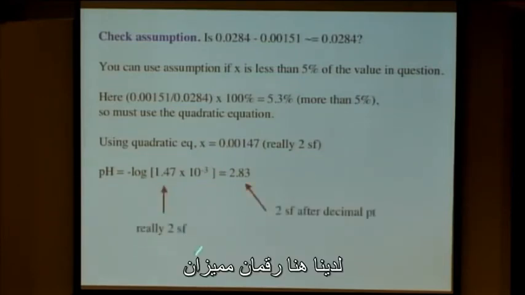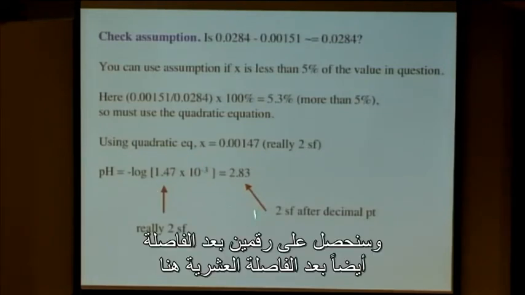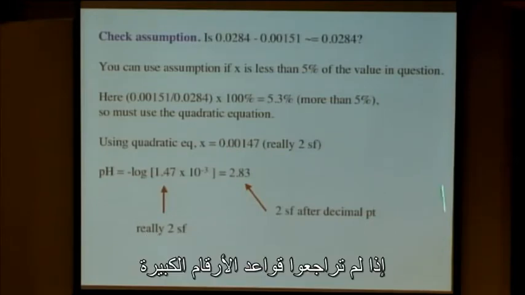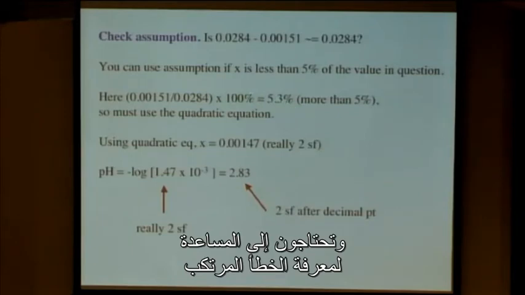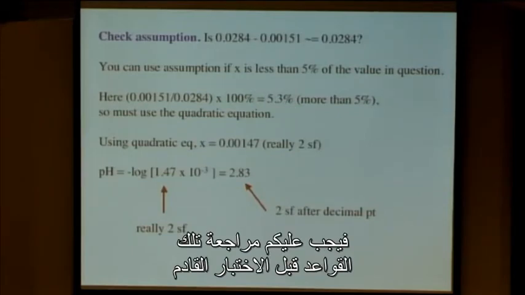We had two significant figures here, so we are going to have two significant figures after the decimal point. If you haven't reviewed your sig fig rules and need more help, you should definitely review them before the next test.